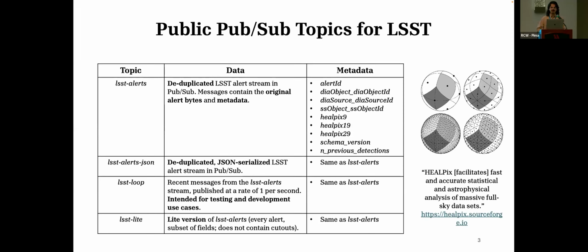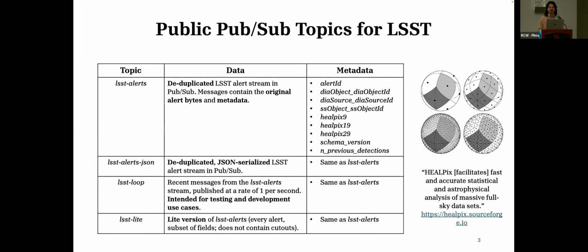Here we're outlining some of the topics that we serve with the Pitt-Google Alert Broker. I'd like to highlight as well some of the metadata that is included with the data in the messages that we publish to this topic. Some of which may be of relative importance, and I guess it depends here on the science case that you're particularly interested in.